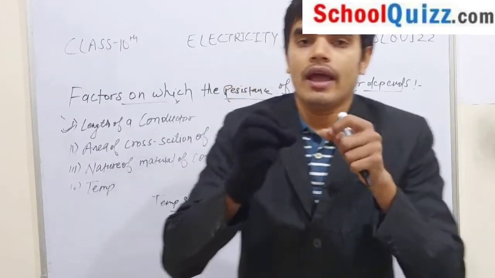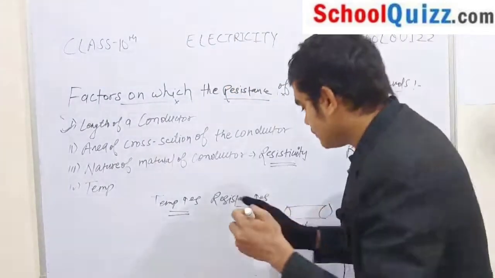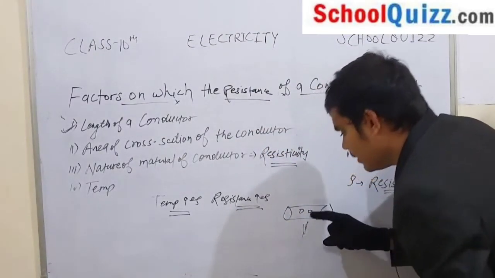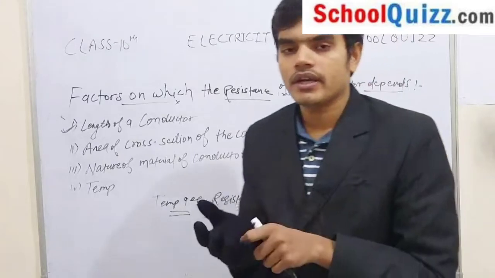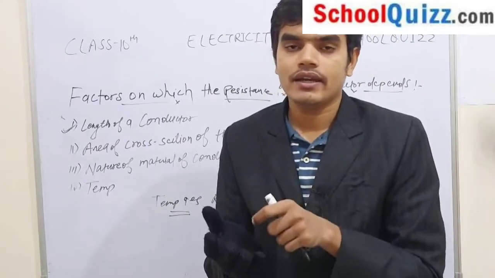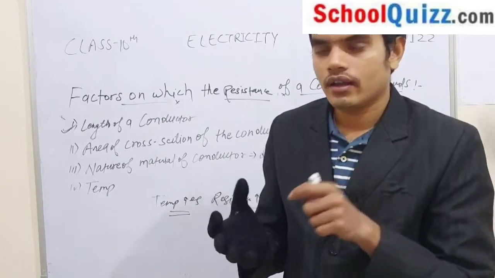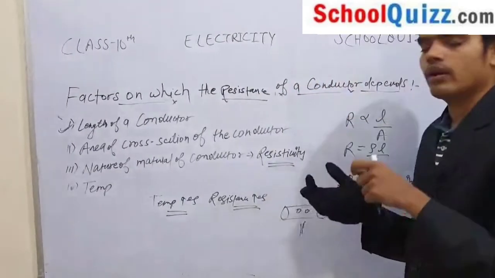So when you start giving heat, atoms start vibrating, electrons get excited and start moving, and collide with other atoms, or collision of electron to electron occurs.